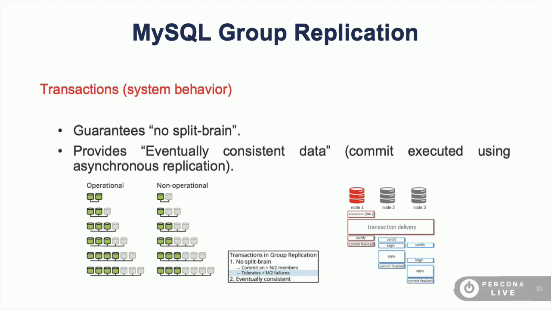And how does it guarantee no split brain scenario? By enforcing that the transaction is always committed on a number of nodes which is higher than half of the number of nodes in the group.